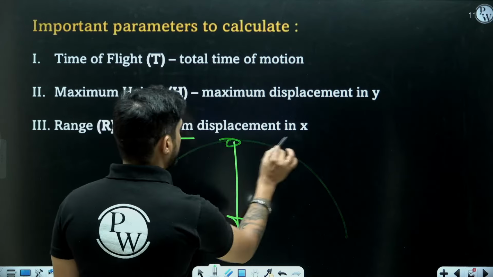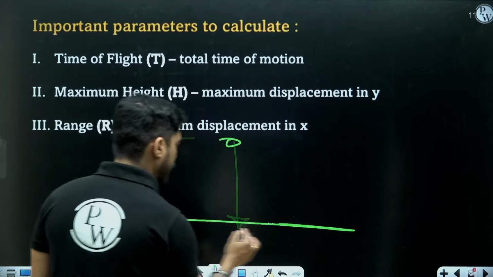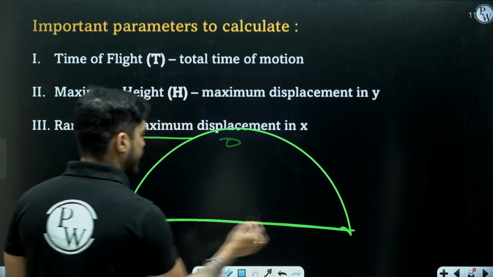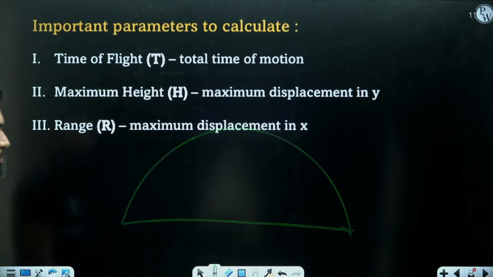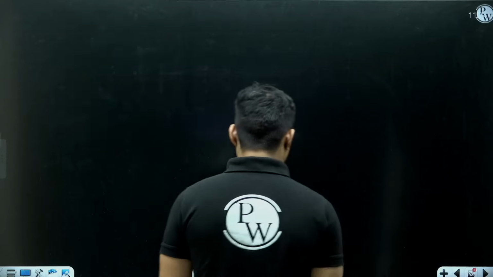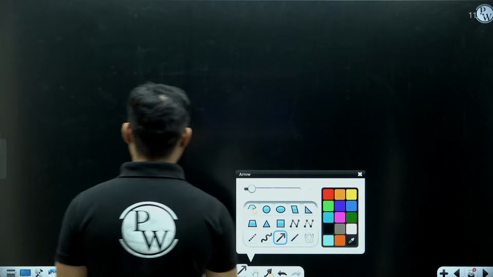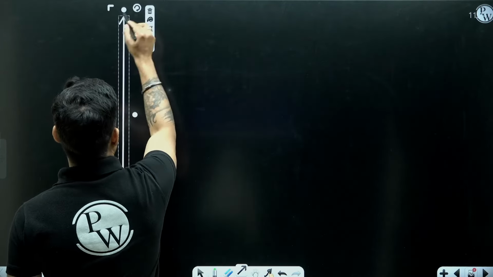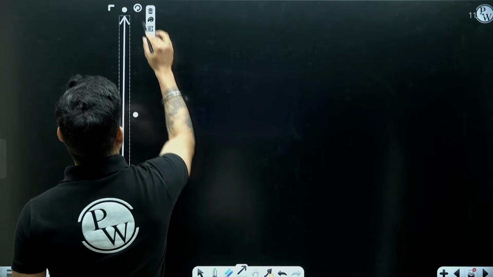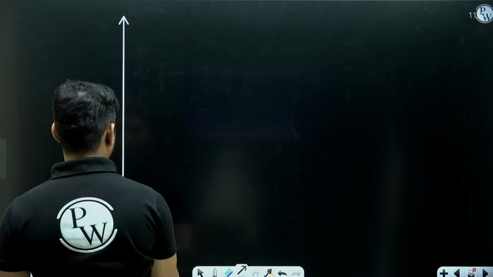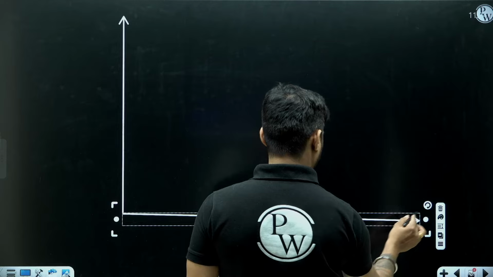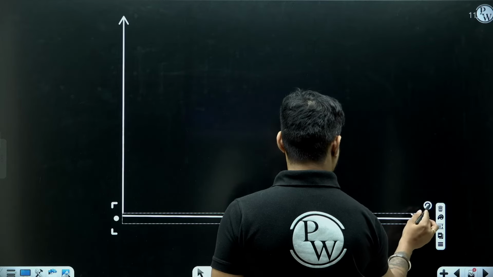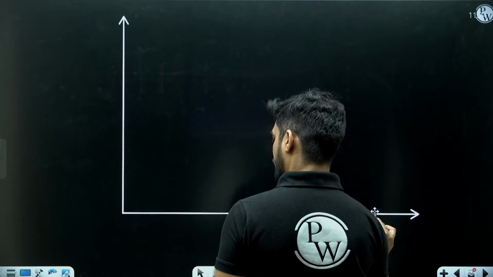Range means the maximum distance covered in the x direction. A typical projectile motion looks like this, although there are different types, which can start from anywhere and end anywhere.